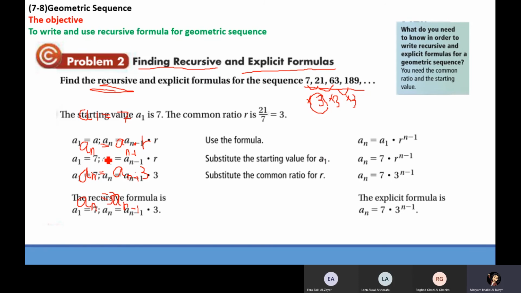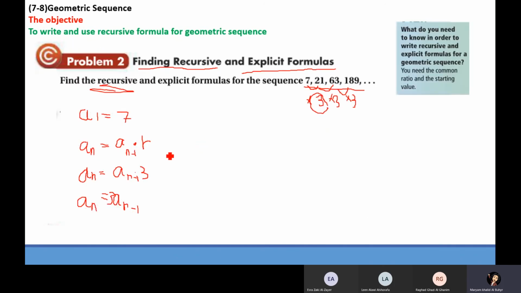They tried to write for you some terms, like they are telling you that in term 2, we need the first term, so it's A1. Let me just cover this. In term 2, you will substitute here the previous term. This is term 1.